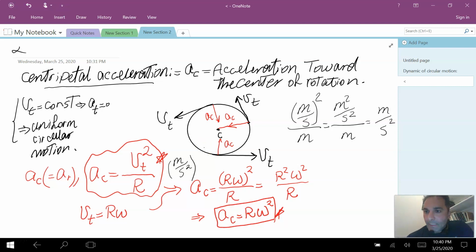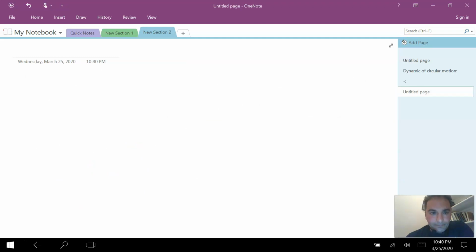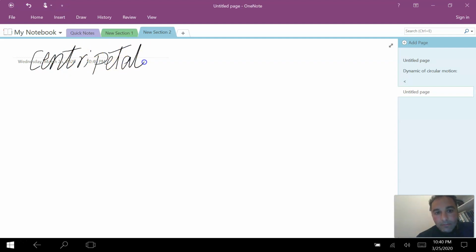Now, let's add new pages here. The next topic will be called centripetal force.